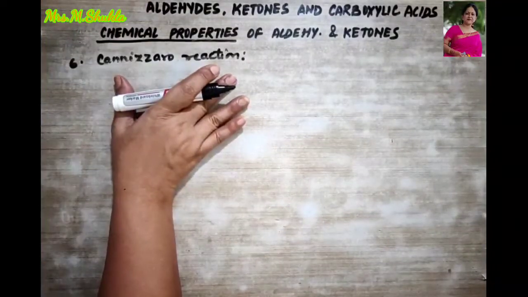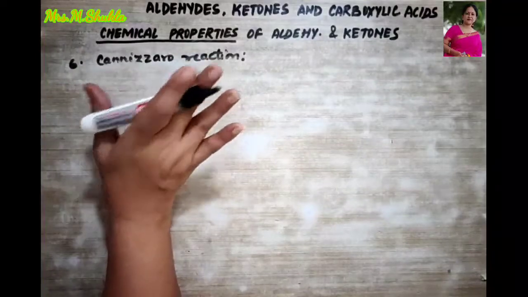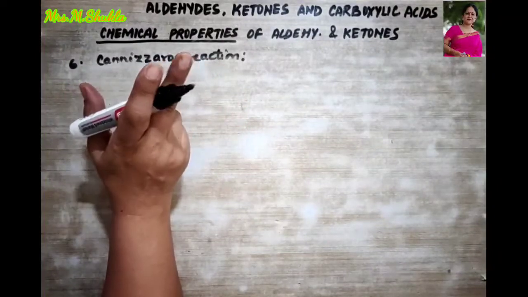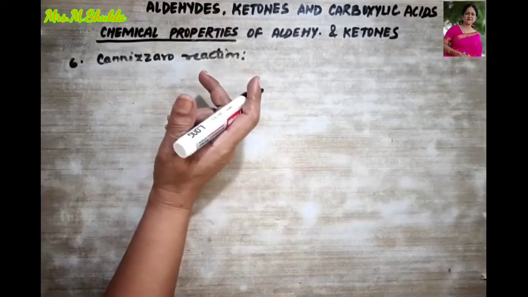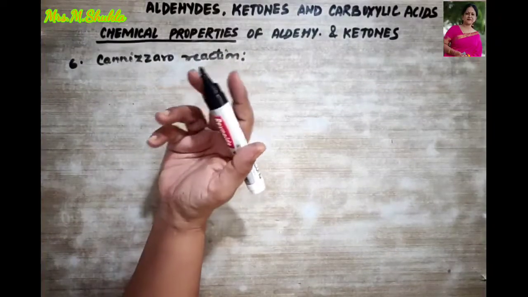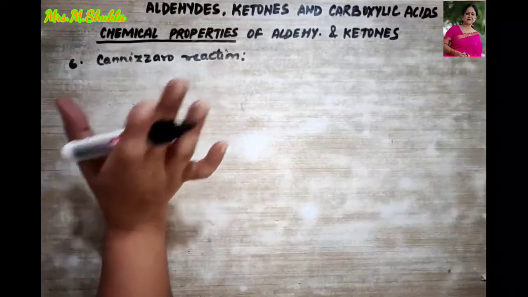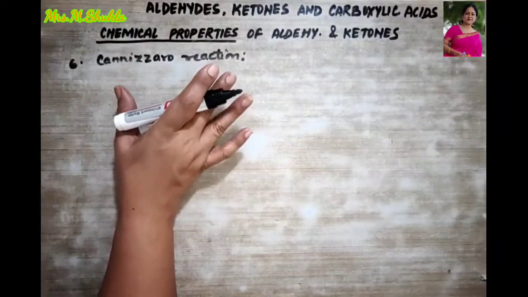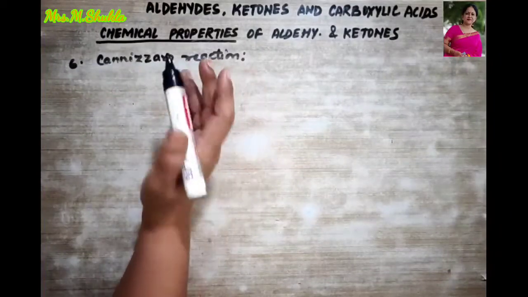So what is the Cannizzaro reaction? Remember, it is the disproportionation of aldehydes lacking alpha hydrogen, for example formaldehyde or benzaldehyde, in the presence of a strong base, and they form a salt of an acid and a primary alcohol.